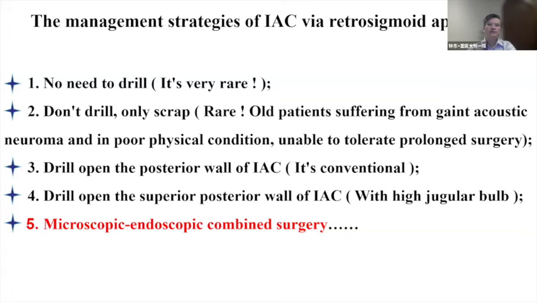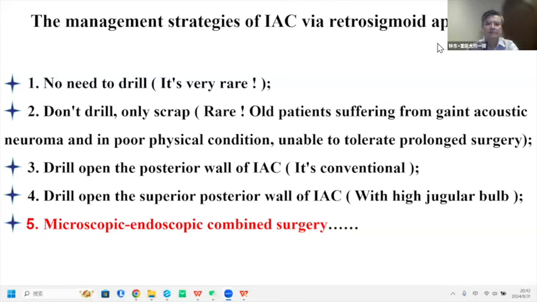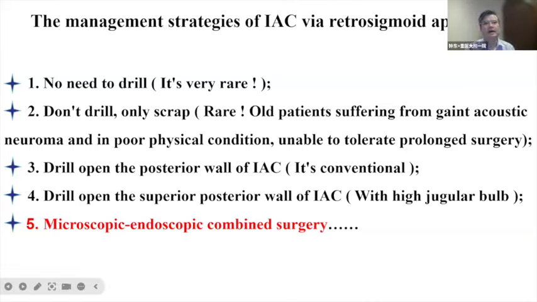Our target is to resect the tumor as much as possible based on the preservation of function of facial and cochlear nerve. There are many hotspots about acoustic neuroma surgery. Today, I will focus on the management of IAC via retrosigmoid approach.